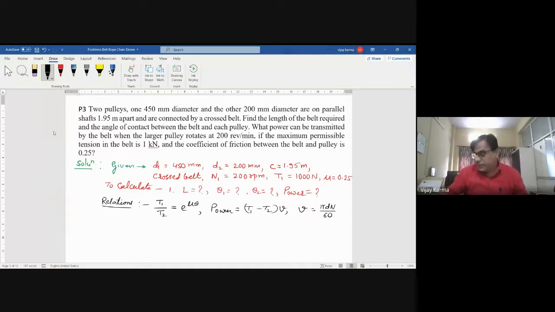Then the length of the cross belt drive. So the length of the cross belt, L_C.